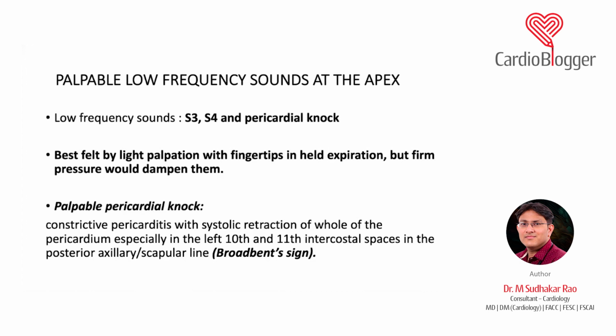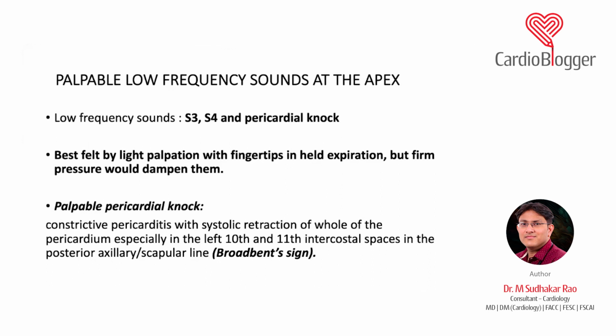Because what happens in case of constrictive pericarditis, there is a systolic retraction of the whole of the pericardium. We know because there is a constriction, there is a systolic retraction, and during diastole, only for some time the pericardium movements come out. So it is the systolic retraction of the whole of the pericardium which can be felt by our hand, and it is known as Broadbent sign.